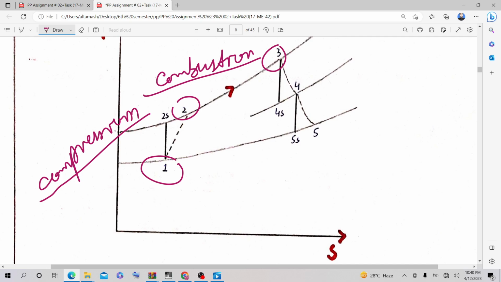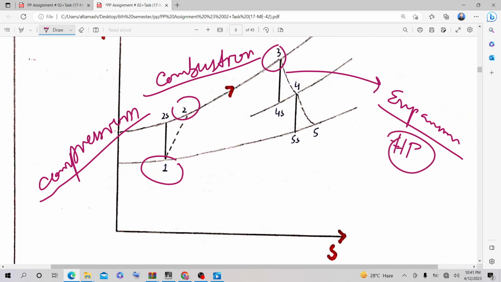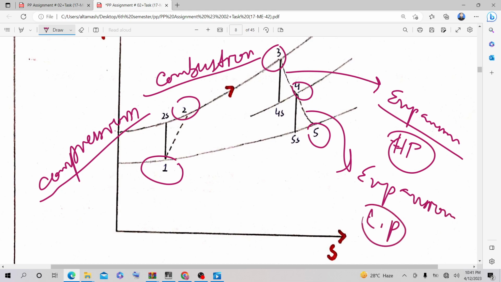Process 3 to 4 is actually expansion in high pressure turbine. 4 to 5 is what? It is also an expansion, but it is in low pressure turbine. So these are some basic and fundamental things that we should know.